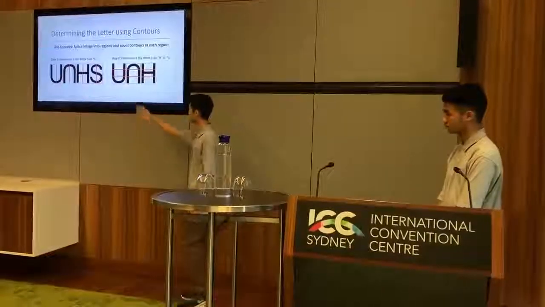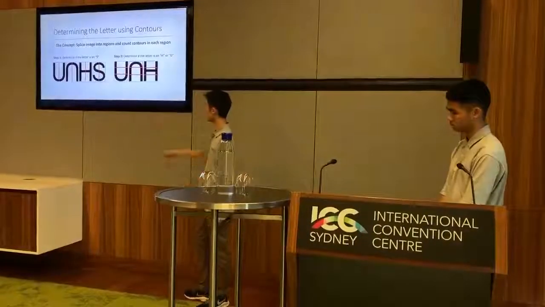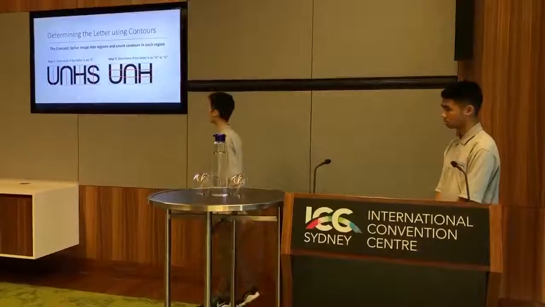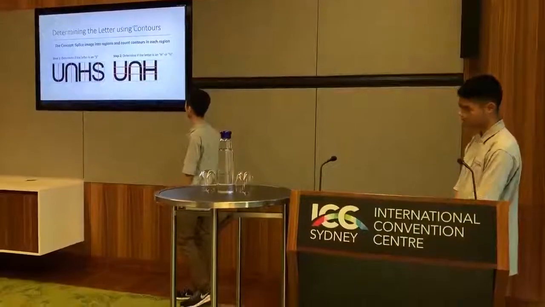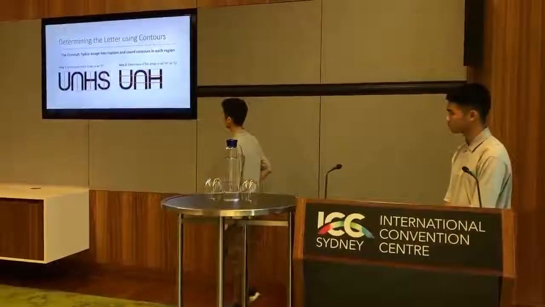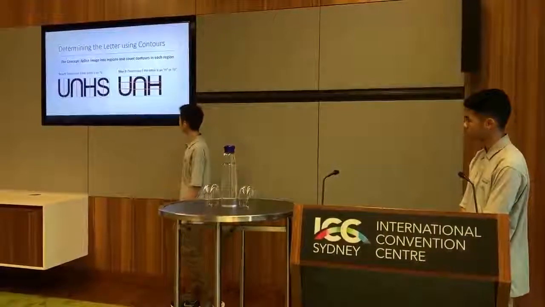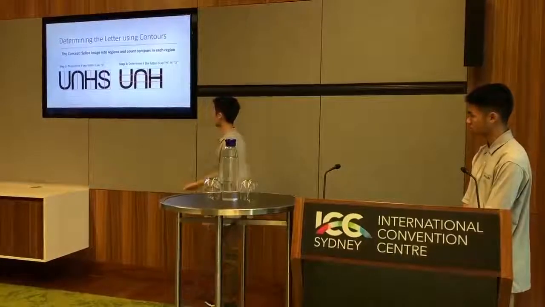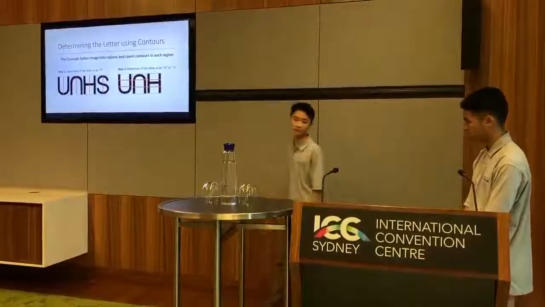And note how an S has two contours on the left and two contours on the right, while H's and U's have one contour on both sides. And then finally, to determine if the letter is an H or U, we can look at the middle 1/3 once again. If the middle 1/3 of the image has one contour, then it must be an H, otherwise it's a U.